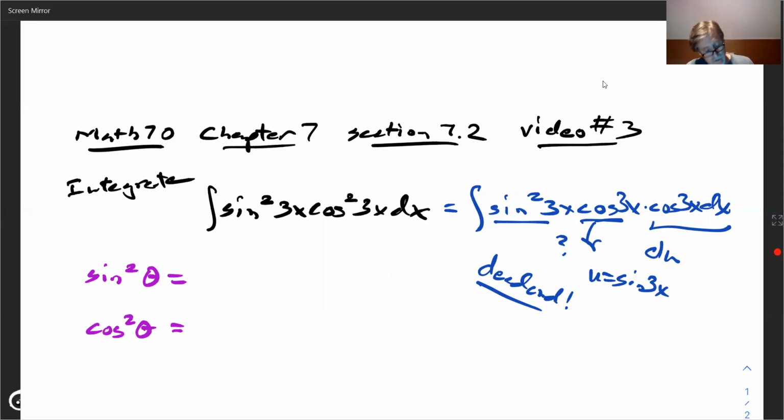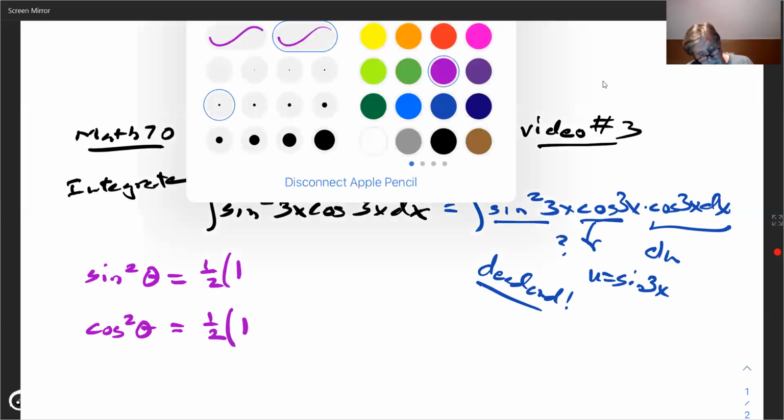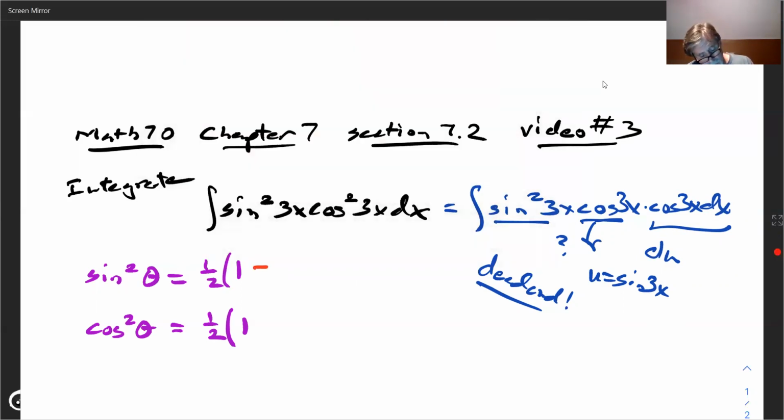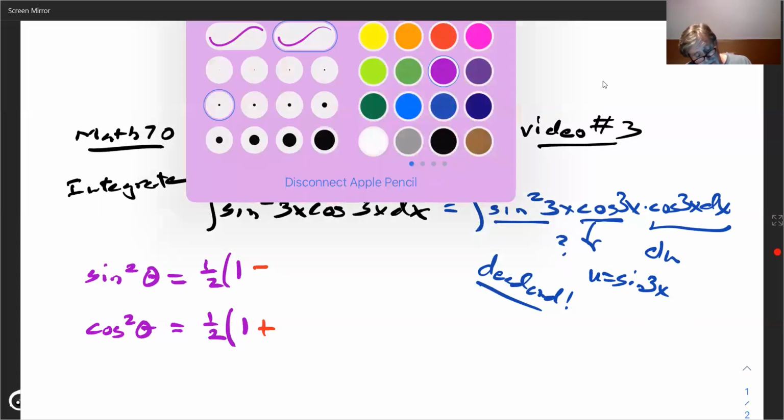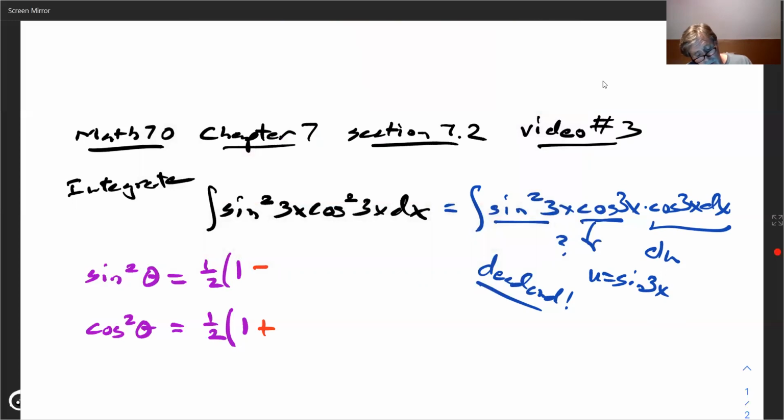They're almost identical. They both start off with 1/2, and then inside is a 1 and a 1. And the only difference is that sine has a minus and cosine has a plus, but the rest is the same. That is to say, inside here is cosine 2 theta.